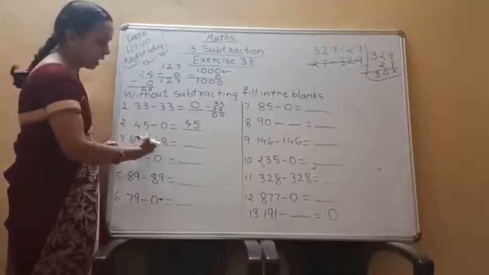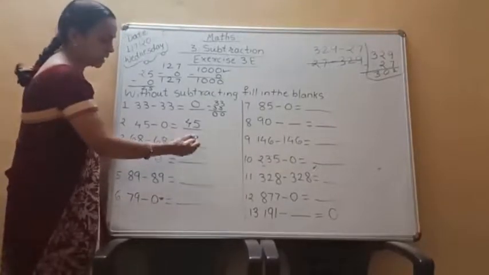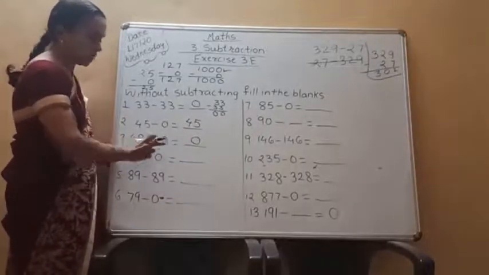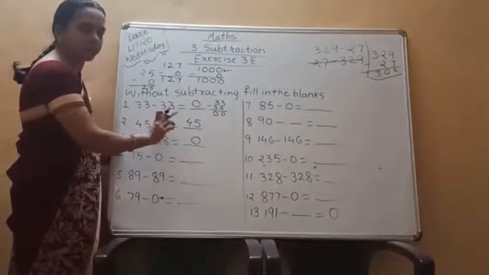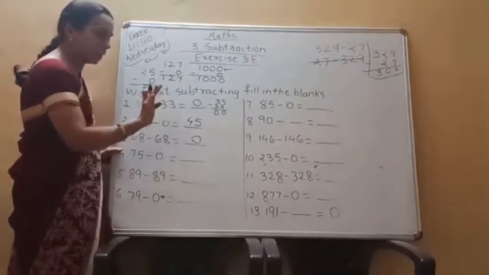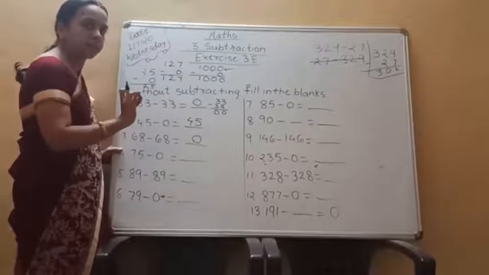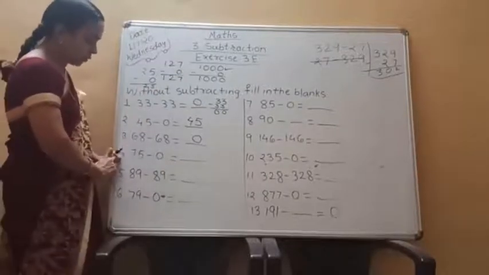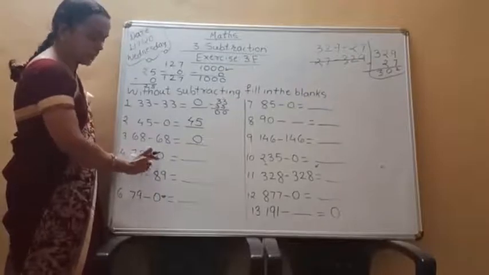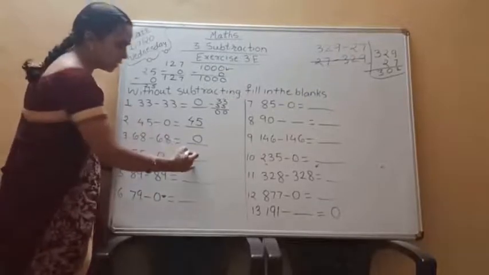What will we write here? 68 minus 68 equal to 0. Only one 0 is sufficient. Don't write two 0s. We can write one 0. Then also your answer is correct. Now see fourth question. 75 minus 0. What is the answer? 75.